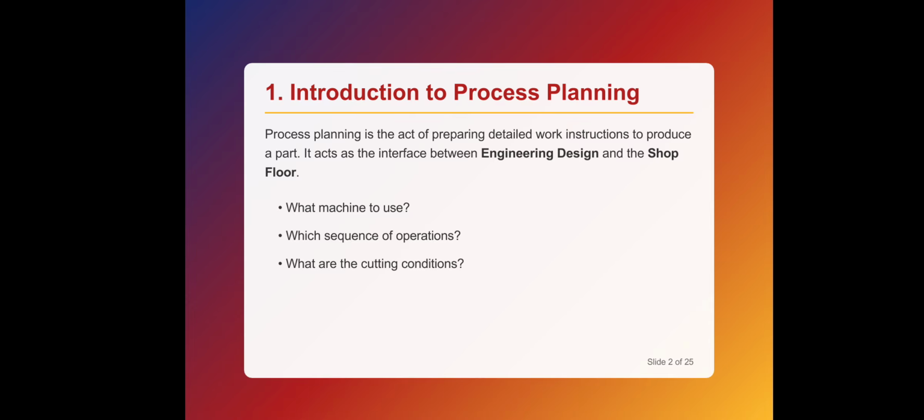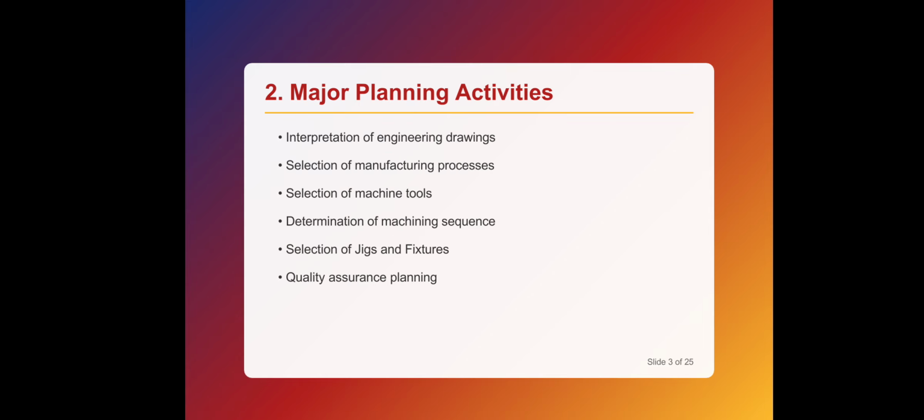Some questions occur in my mind. What machine to use? Which sequence of operations? What are the cutting conditions? The major planning activities help us get the specified product as we need.